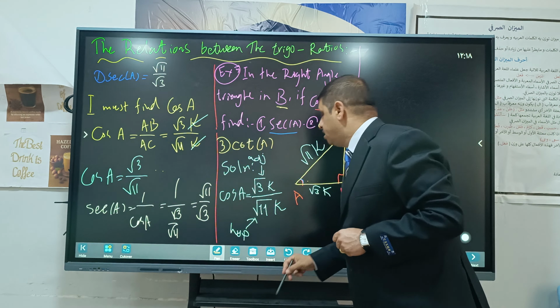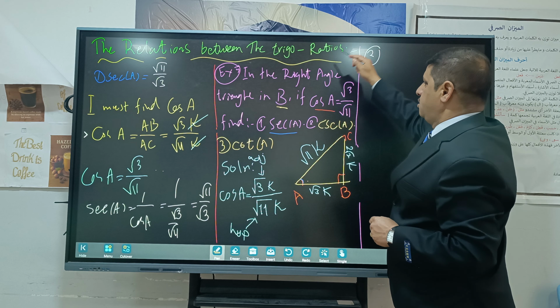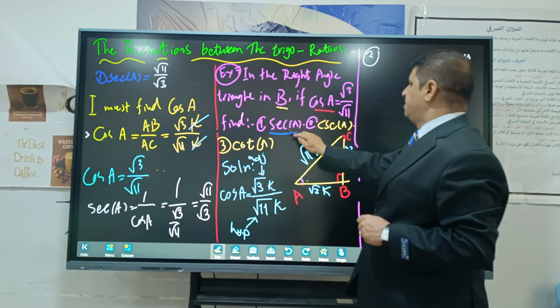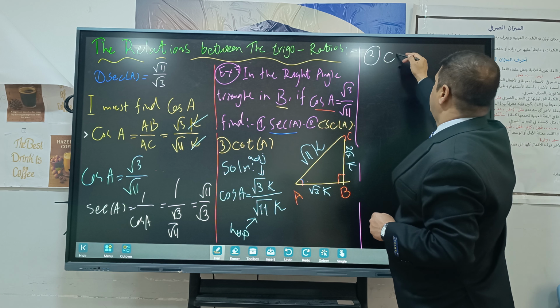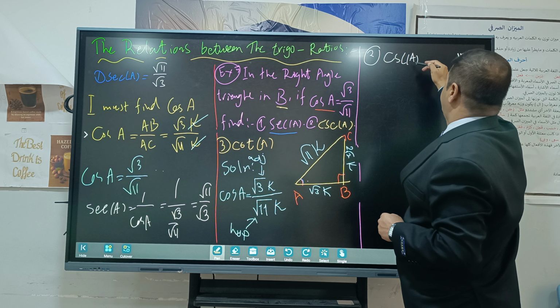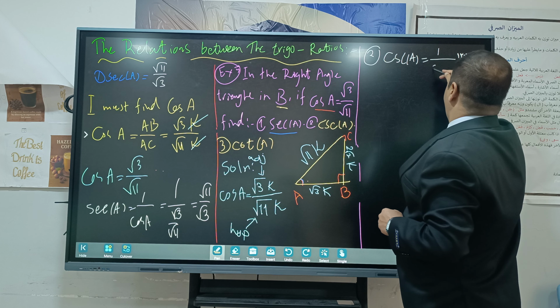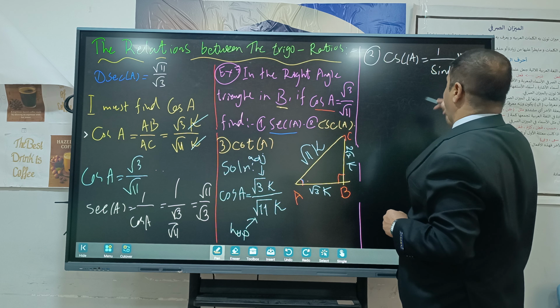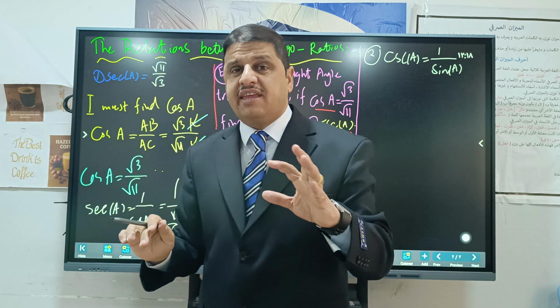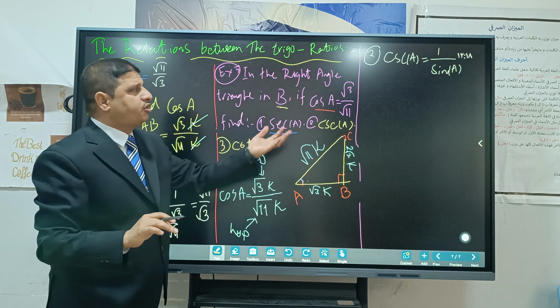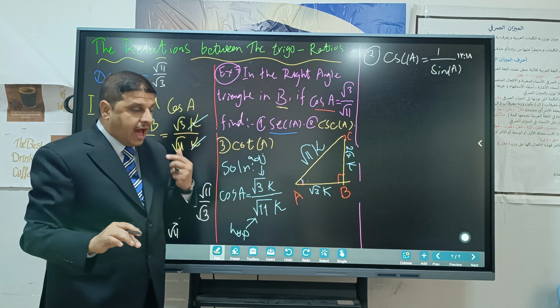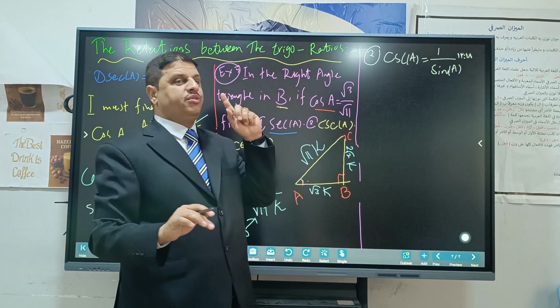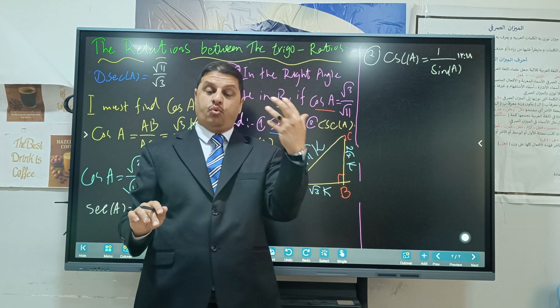Now, where is the second request? Cosecant of A. Cosecant of A equals 1 over sine of A. I don't have the cosecant. I must depend on the quantity sine A. Why?